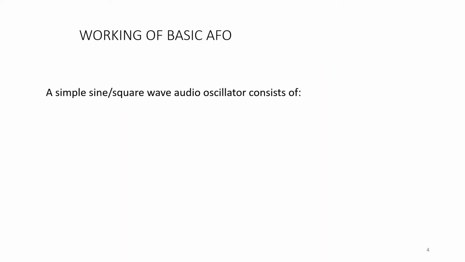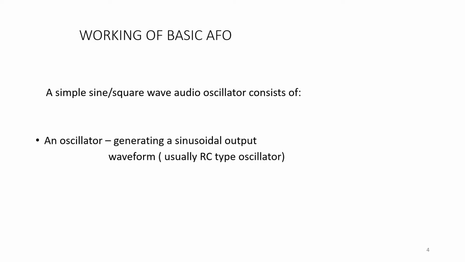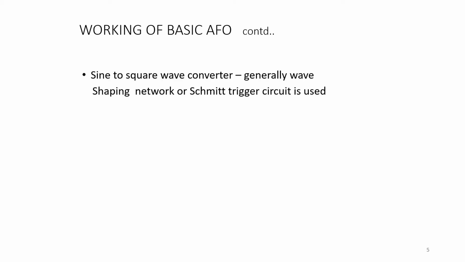When you see the working of the basic audio frequency oscillator, it consists of an oscillator generating a sinusoidal output waveform, usually an RC type oscillator. Next, a sine to square wave converter. We know that a Schmitt trigger circuit is one which converts the sine wave to square wave.